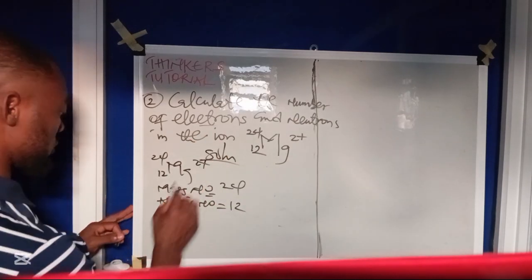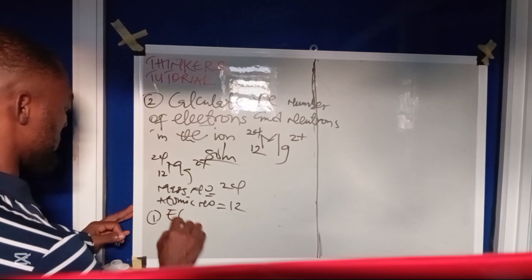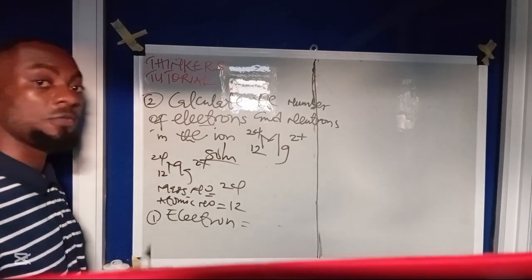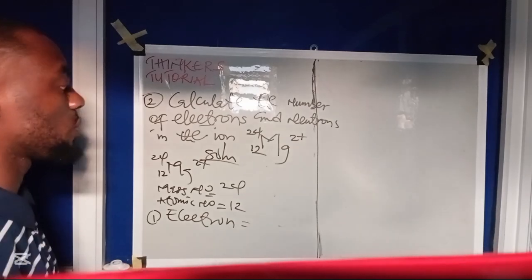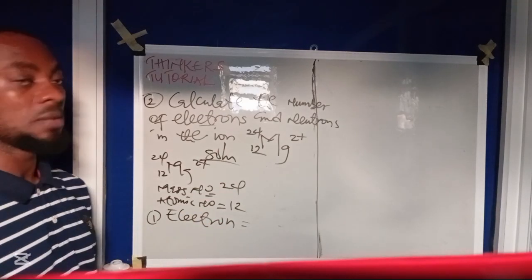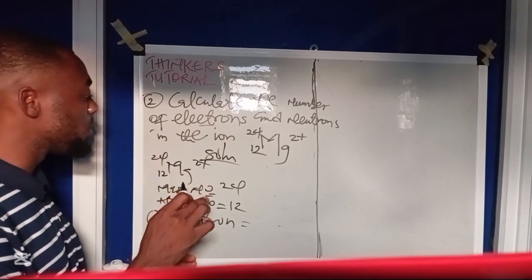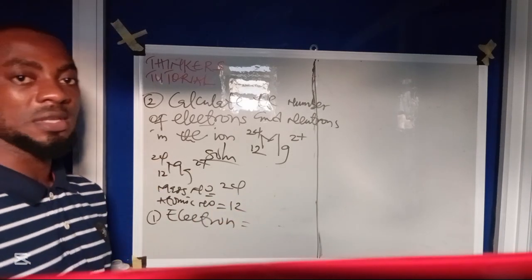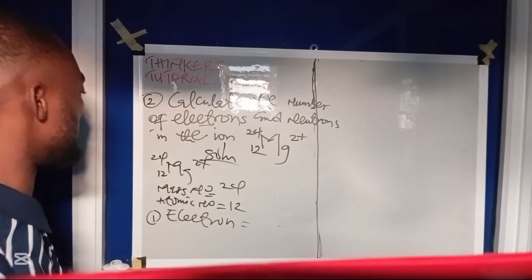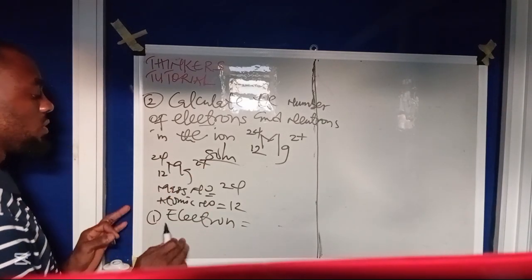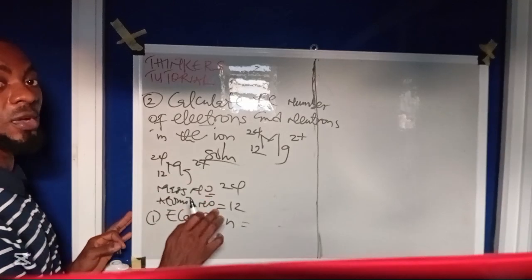So the number of electrons. Earlier I told you that the number of electrons is always equal to the number of protons when the element is in atomic state. But when the element is in ionic state, it ceases to be the same. So here, your magnesium is in ionic state, so the number of protons cannot be equal to the number of electrons.